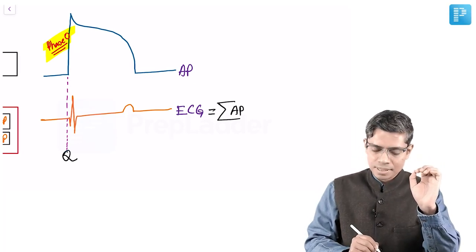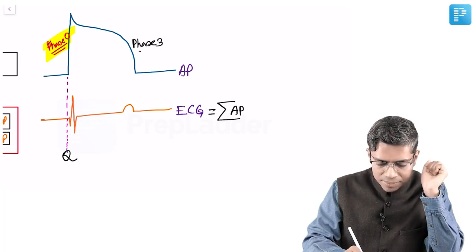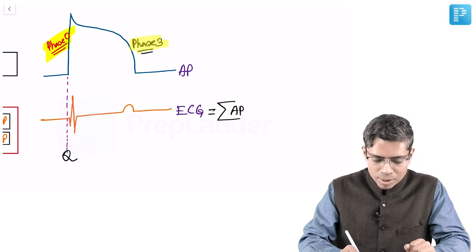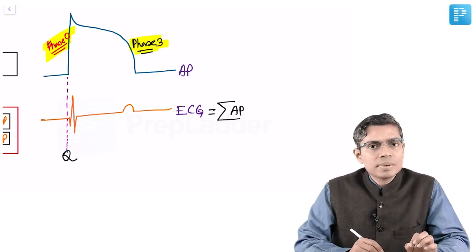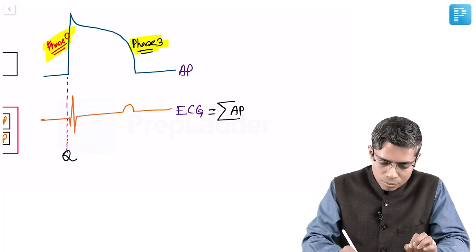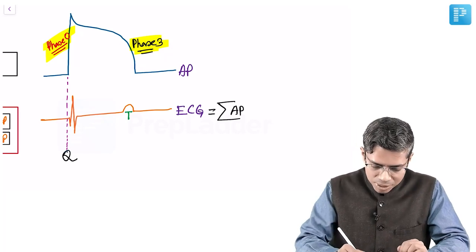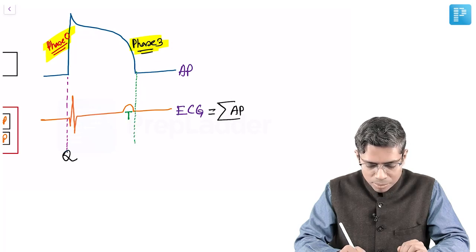So whenever you get phase 0 in the normal action potential, you are going to get the start of the QRS complex in the normal ECG. Similarly, if I ask you what is the meaning of phase 3 in the normal action potential, you will say that phase 3 is repolarization. In ECG, which wave indicates repolarization? We all know the T wave. So in the action potential, the end of repolarization should coincide with the end of the T wave also?